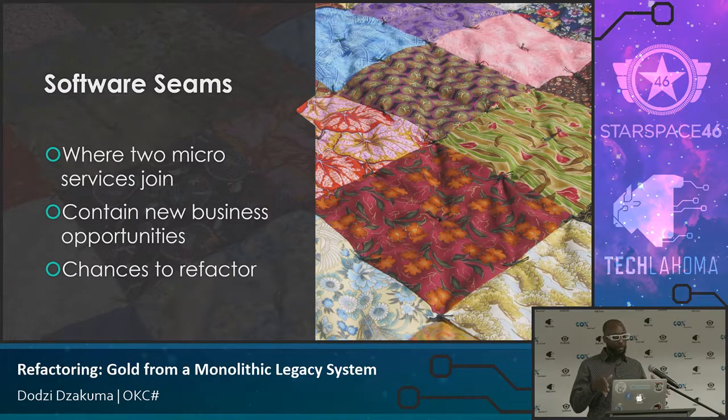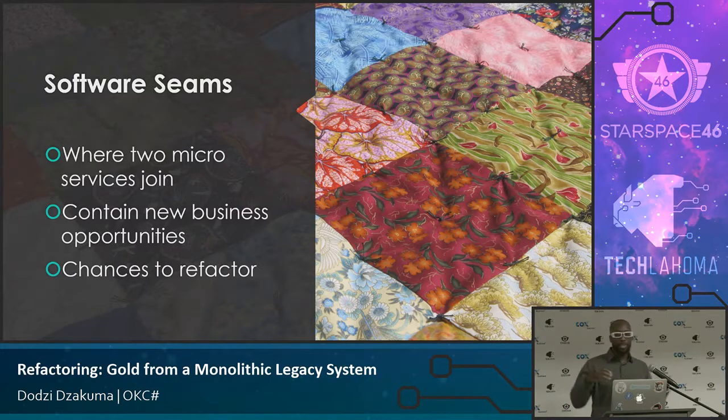But software seams are where two different systems join together. That's an opportunity for you to break apart the system for the good of your business. If, for example, you can offer your reporting system as a standalone single offering to your customers, refactoring has value.